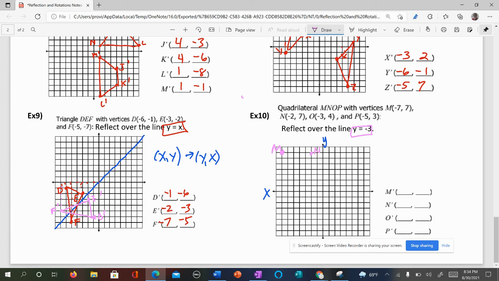And there's N. Back 3, up 4. 1, 2, 3, 4. And there's O. 1, 2, 3, 4, 5. 1, 2, 3. There's P. All right, so we have a quadrilateral.